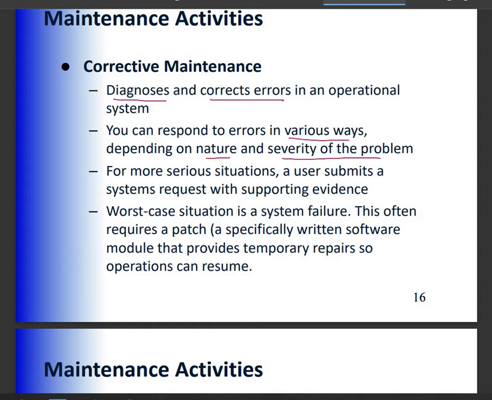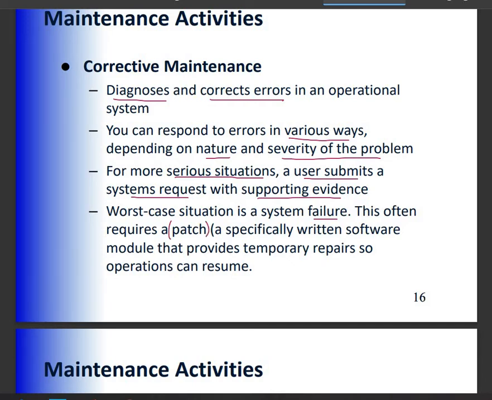Okay. So, kalau untuk sistem, for more serious situation, a user mungkin perlu submit the system request together with the supporting evidence. Dan worst case situation mungkin sehingga sistem itu berlakunya failure. So, bila adanya failure, usually kita akan requires a patch, tampalan.